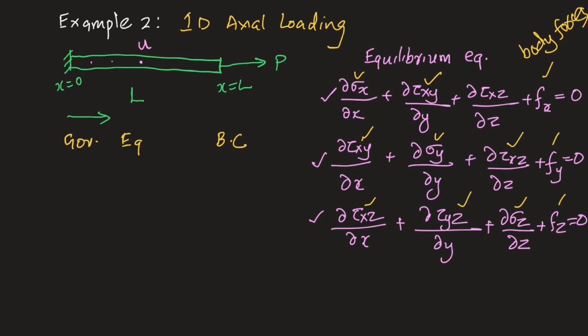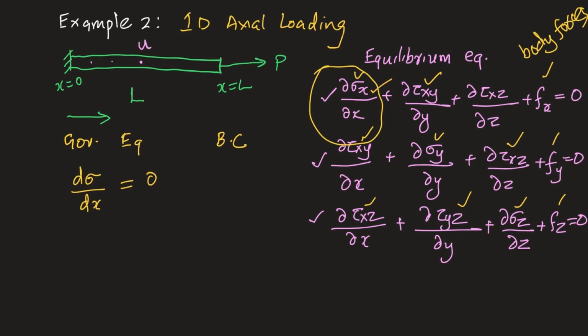Since our problem is one-dimensional and if we neglect the body forces, we can write the equilibrium equation as d sigma by dx is equal to 0. That is this term alone. I have omitted the subscript x because there is only one independent variable.